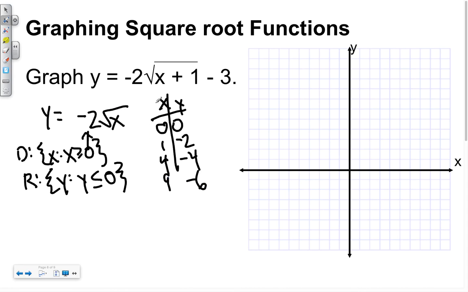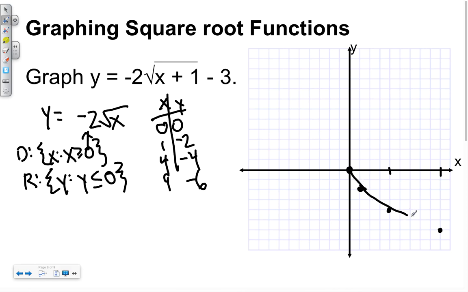So we can go ahead and graph that. But what happens is now it's going to be below. So we have 1, -2. We have 4. 1, 2, 3, 4. -4 down here. We have 9, -6 down here. Okay, so this is our parent graph.